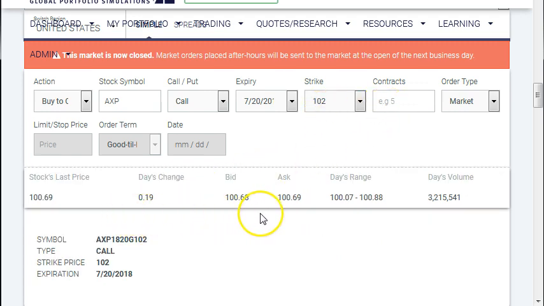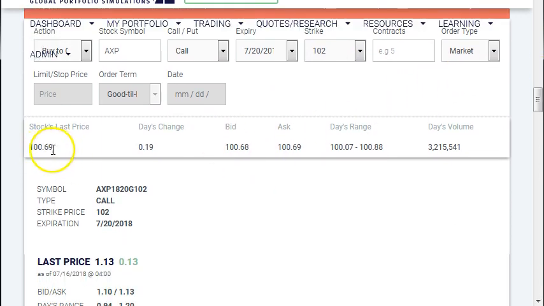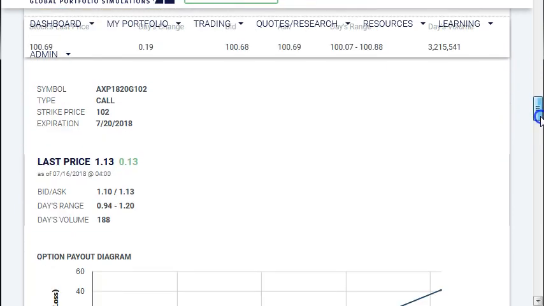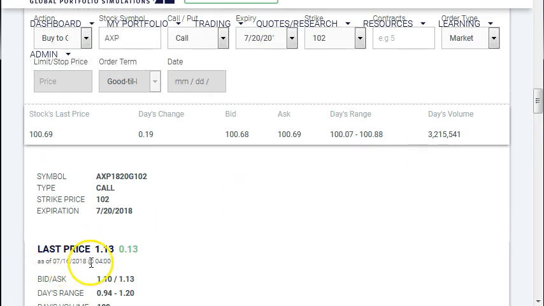Looks like today's stock is trading at $102.69 and the option at $1.69. Okay, we just saw that the option is trading at around $1. So if you are interested, you can buy this option.